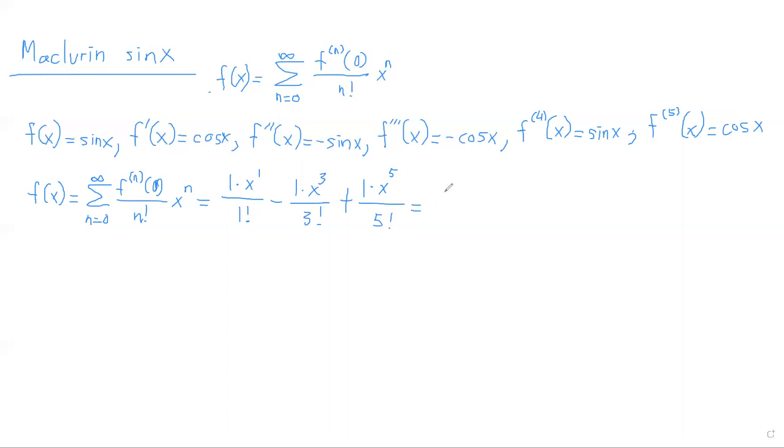And this is equal to x over 1 factorial minus x cubed over 3 factorial plus x to the 5 over 5 factorial, and so on and so forth, dot dot dot. I should have written plus dot dot dot.